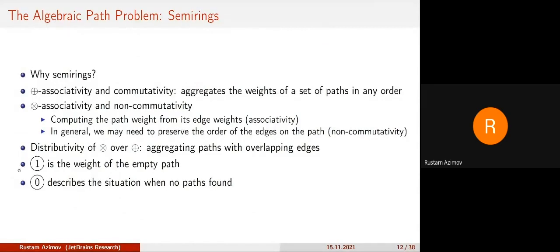And as I said before, we have some additional elements: the element for the empty path and the neutral element 0 that describes the situation when no paths are found.